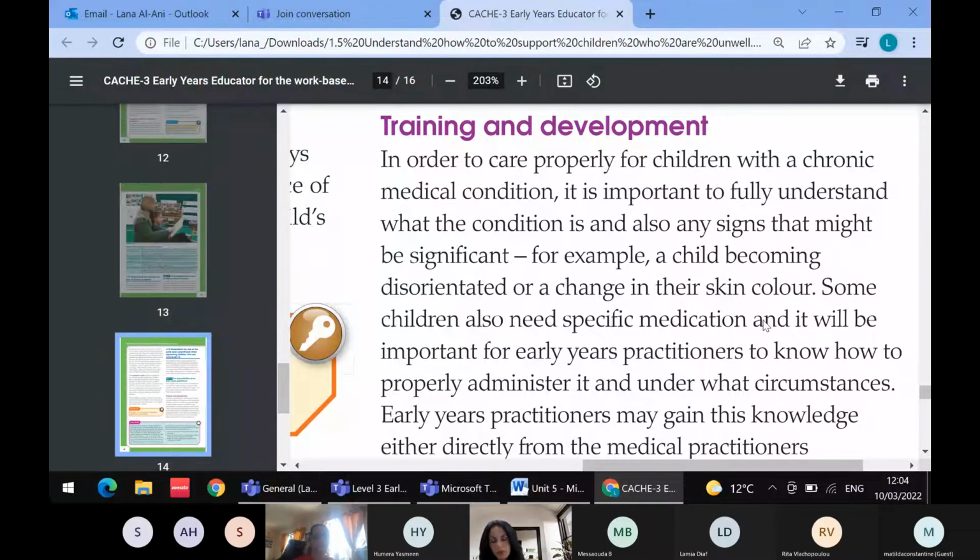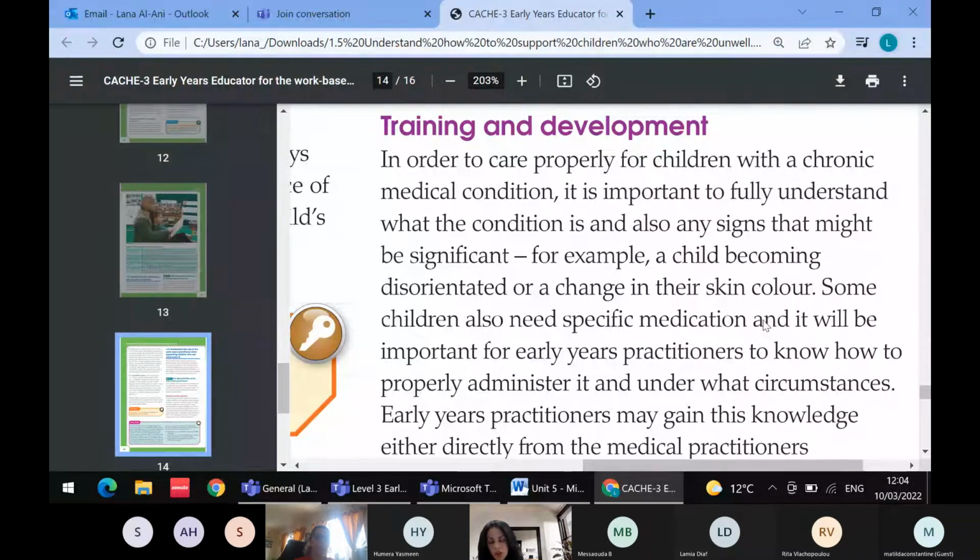Then it is important to fully understand their condition, what the significance of the illness is, what the symptoms are, how you can monitor the skin color, how you can monitor their health, whether it is deteriorating or not. They need specific medication, and you need to know which one to give and at which time.